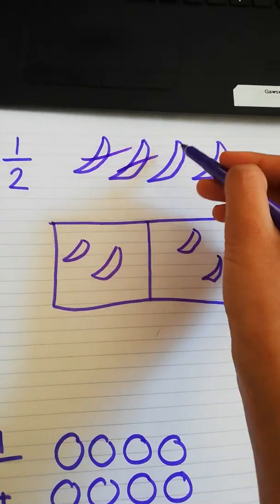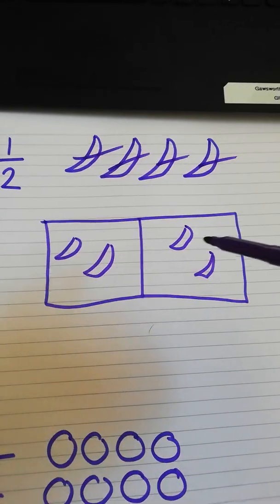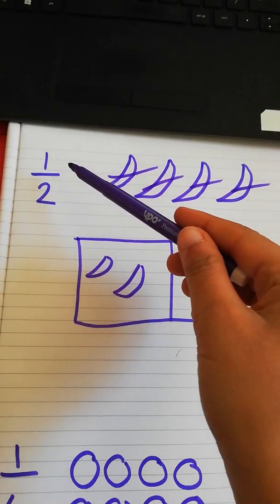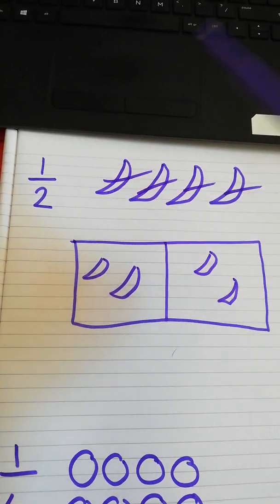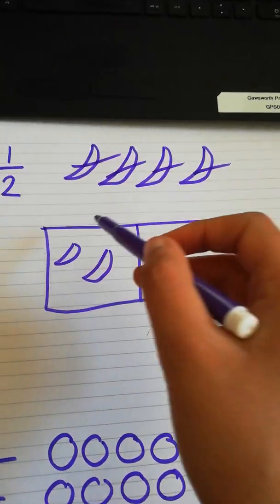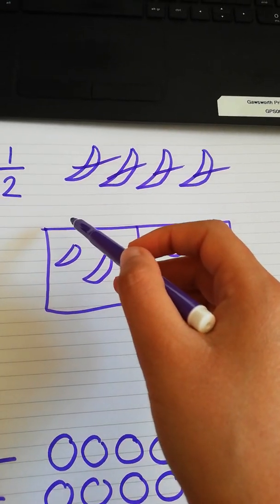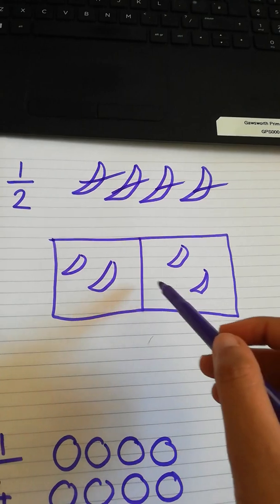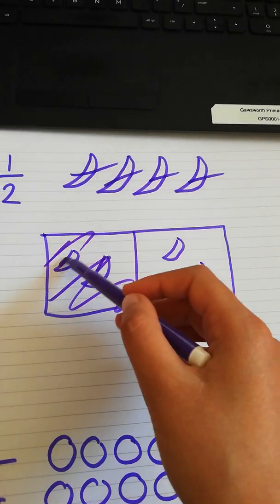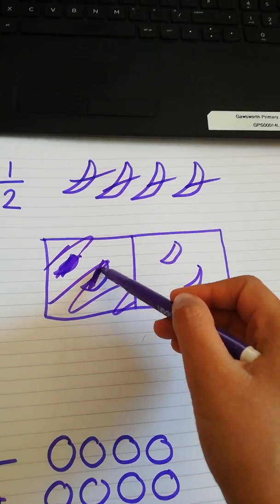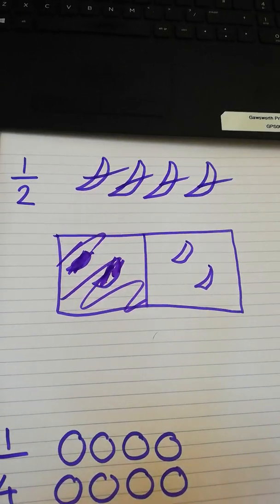So I've used all 4 bananas equally. Now I want to find out how many is in the 1 part because there's a 1 for us. So I'd have to colour in a half of these bananas. So I'd have to colour in this side of it or that side. That would be 2 bananas that are coloured in.